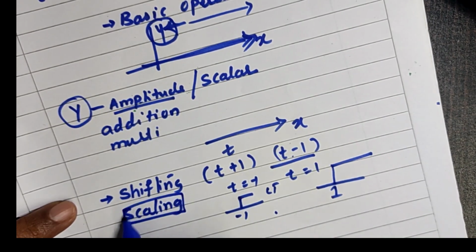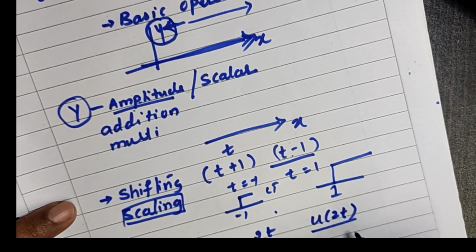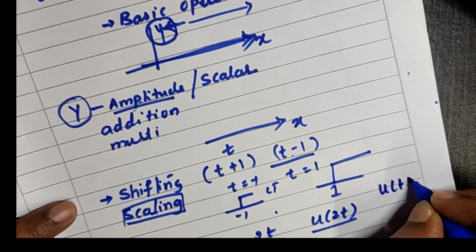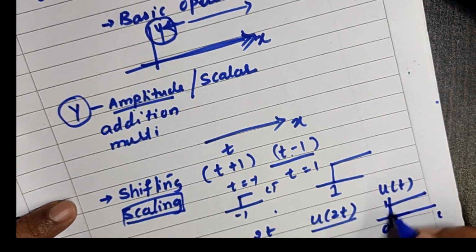Whereas scaling with respect to time looks like t by 2 or 2t. For example, u of t is the signal which has one magnitude from 0 to t.